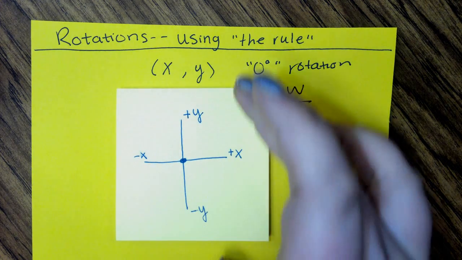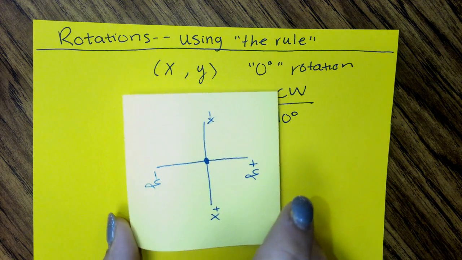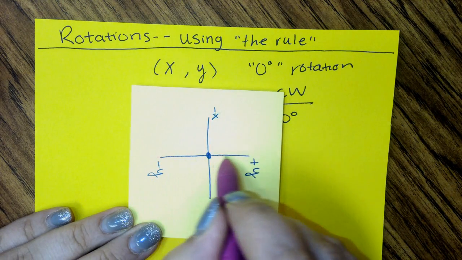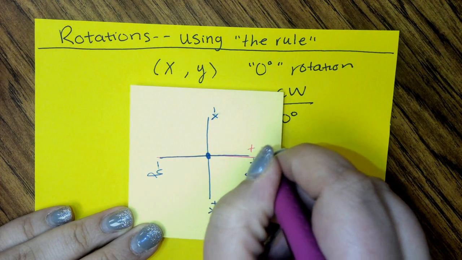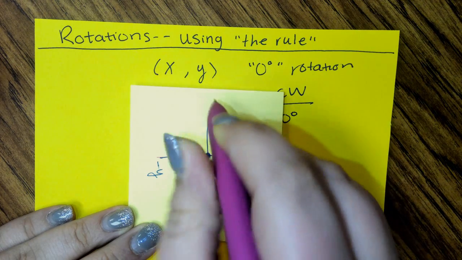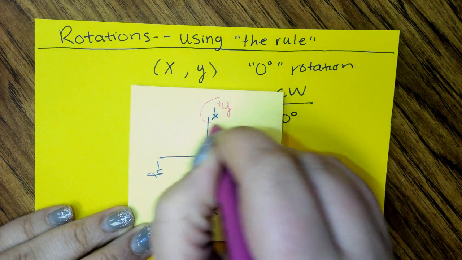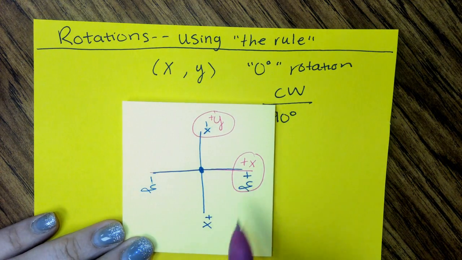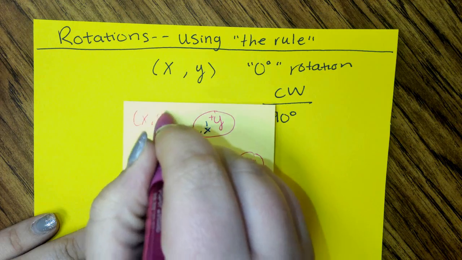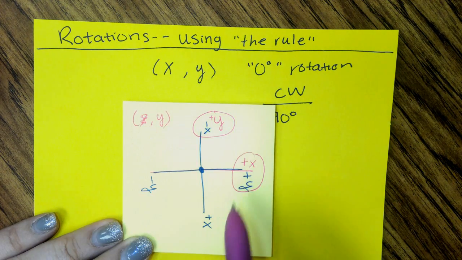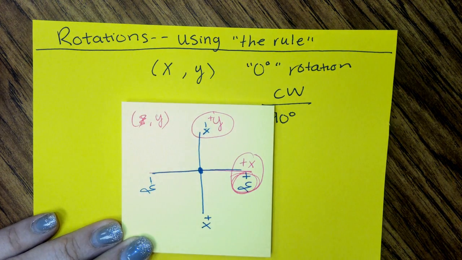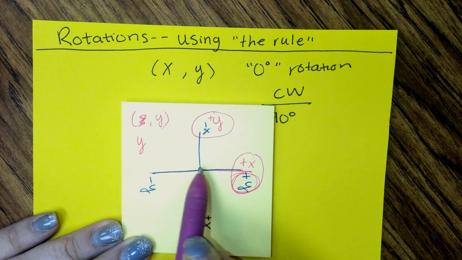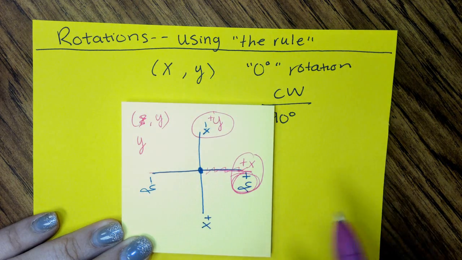Here I've got my graph. I'm going to turn it to the right, clockwise, just once. Now when I've got my graph, this is now the x-axis. So this is my normal x, and this is my normal y. So in ordered pairs we know are written x comma y, but instead of x, I'm going to write the old y, whatever y was, because the positive part of the y-axis is now my new x-axis.